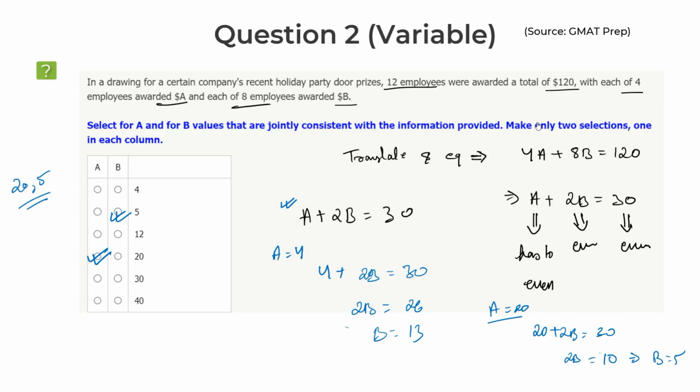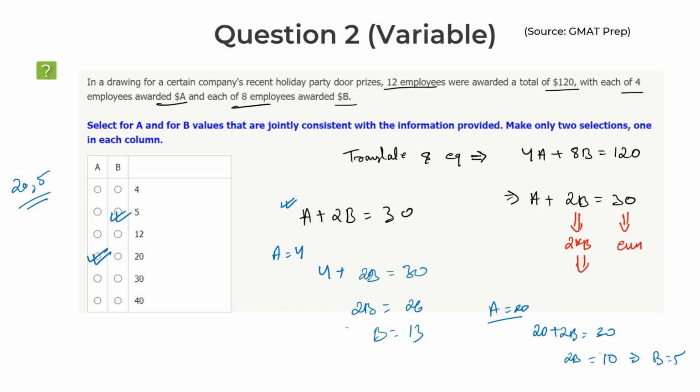Please briefly explain why, if 30 is even, then b definitely is even. Or what do you mean b is even? Okay, let me explain this one really quickly again. 30 is even, right? I hope all of you know that 30 is even. So this part is even, right? And this is 2b, right? 2 times b.